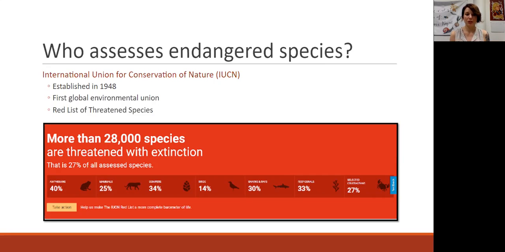Of those, 40% are amphibians, 25% are mammals. We have 37% being conifers, so not even an animal, they look at plants as well. 14% being birds, 30% are sharks and rays, 33% coral reefs, and then we have crustaceans. So all over the map, they're looking at all different kinds of animals.